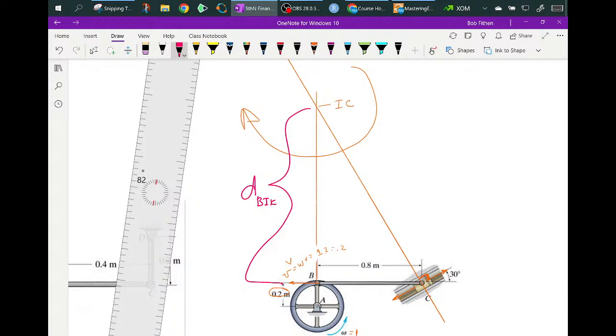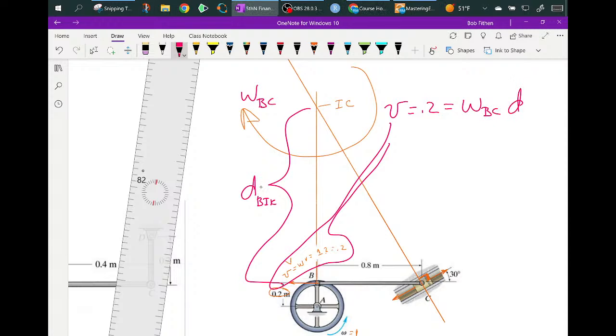Once you have that distance, then you can realize, well, velocity at this point, which is equal to 0.2, is equal to omega of BC times the distance from B to the instant center.